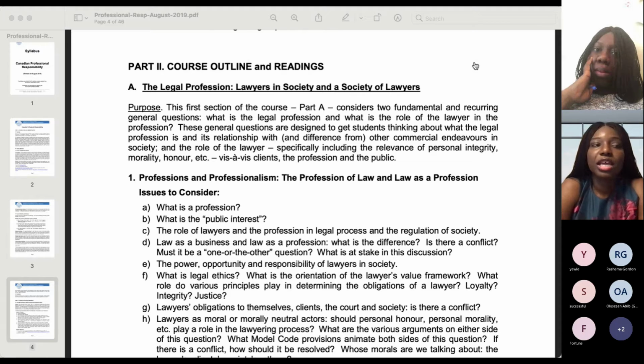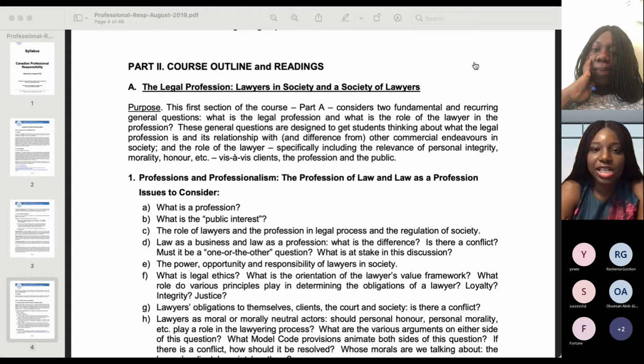So for example, if they say something like don't have close intimate relationship with a client, then the commentaries explain what close intimate relationship is. So is it having a sexual relationship with that client? Is it actually getting married to that client? Is it getting married to the family members? Things like that. So the commentaries expand on the rules so that you have a better understanding of what the rules are saying.